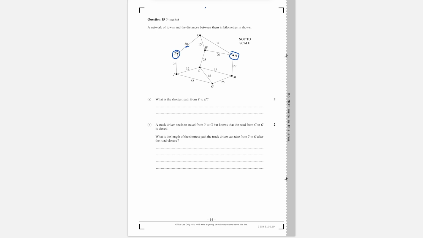So if we pick 30, and then we have a decision with Y, do we want to go for 15 or 38? We want to pick 15 because it's the smaller number and we want the shortest path.